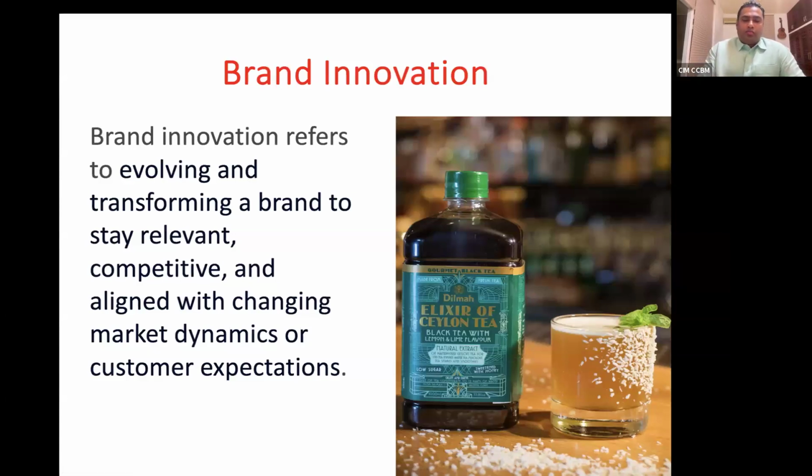So brands need to be perceived or positioned as an offering that is innovative.